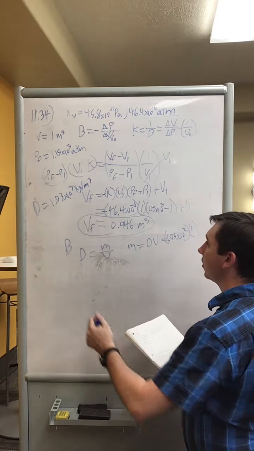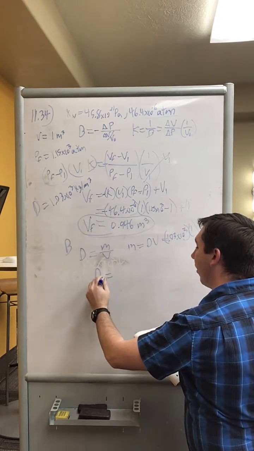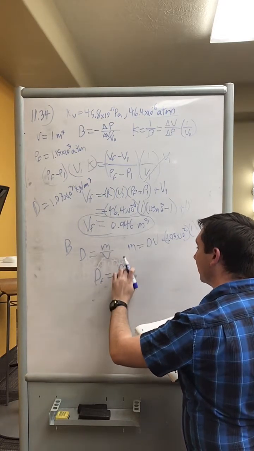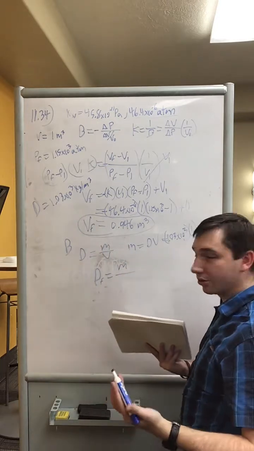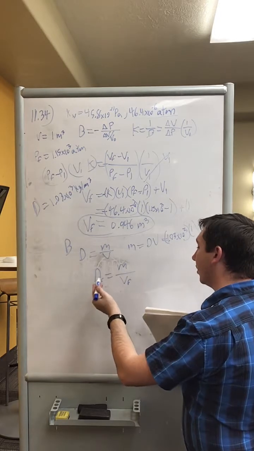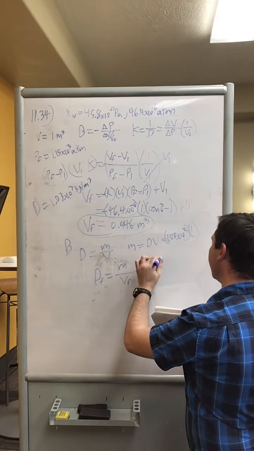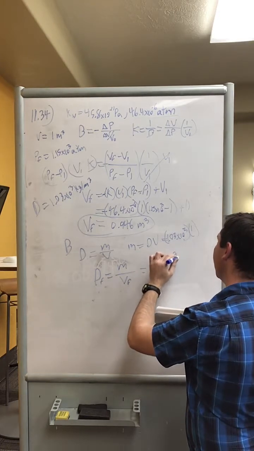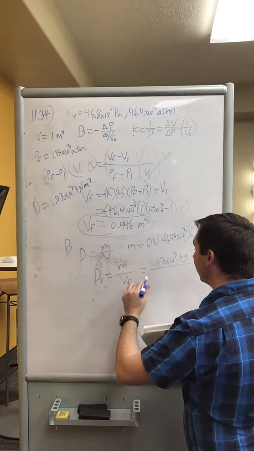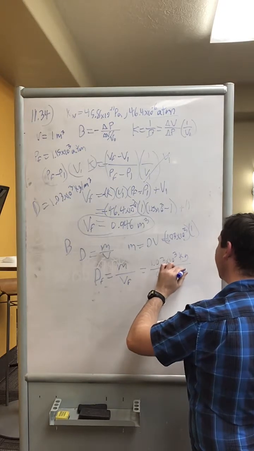Our final density is going to be our mass, because the mass is the same, we're not gaining or losing mass, divided by our final volume. So that's 1.03 times 10 to the third kilograms divided by our new volume.